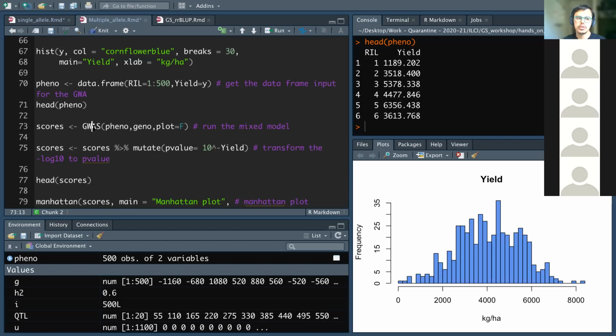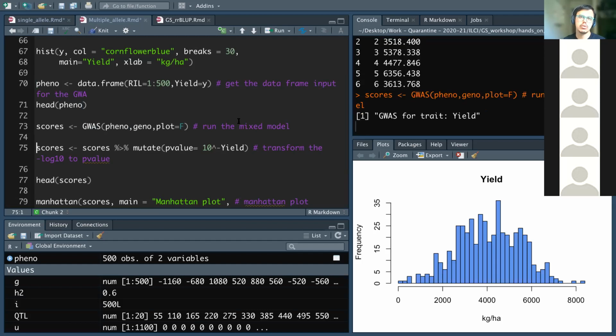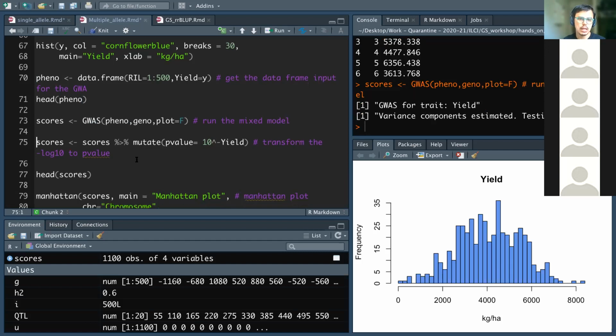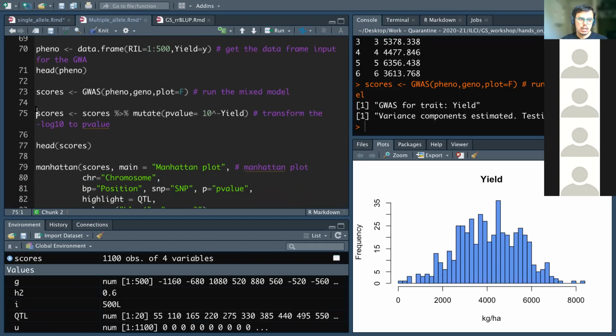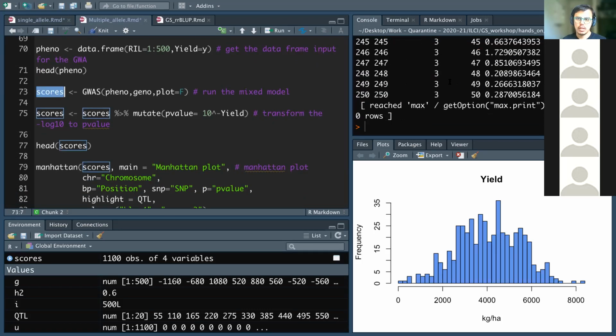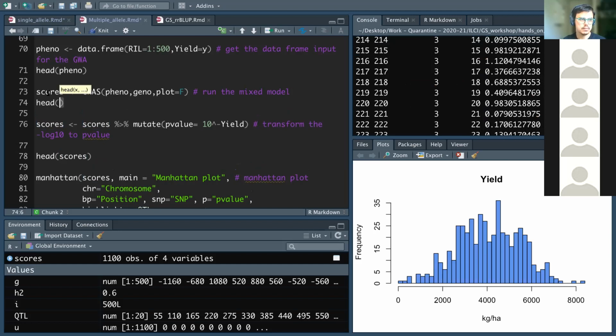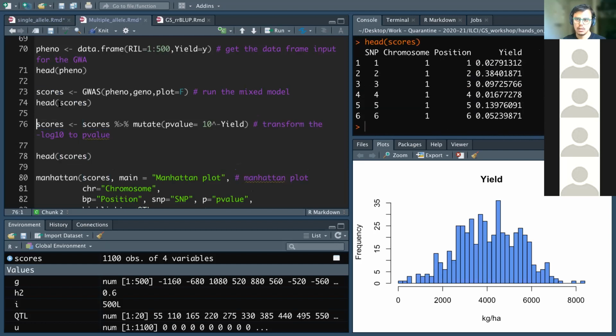But with this function, you just have to feed it with the phenotype and the genotype, and it is going to use the mixed model to estimate the association between your phenotype and your genotype. So it's pretty fast. And with that, as you can see here, you are going to have the information of the SNPs, the chromosome, the position, and here the yield.